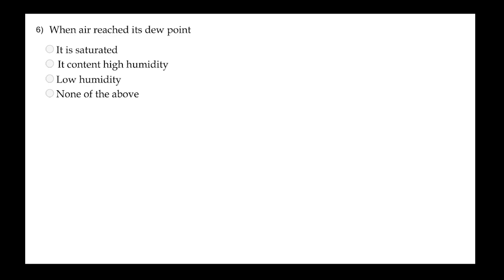Moving forward to the next question. When air reaches its dew point, then what is the case? So I have clearly talked about what dew point is. Air has some amount of water carrying capacity.